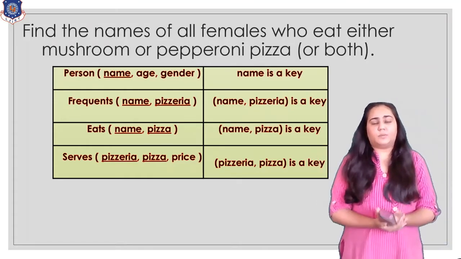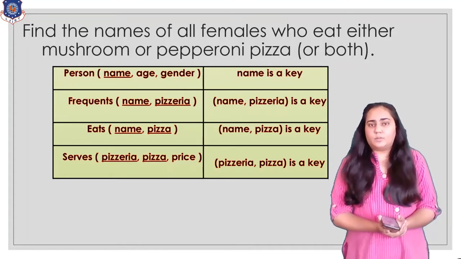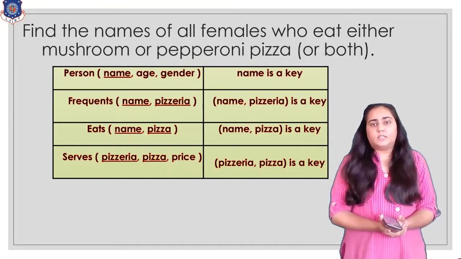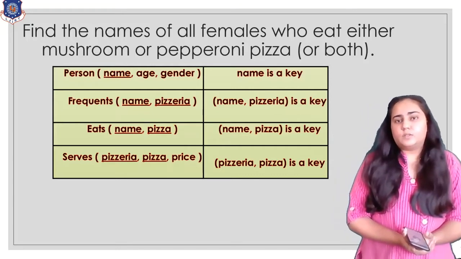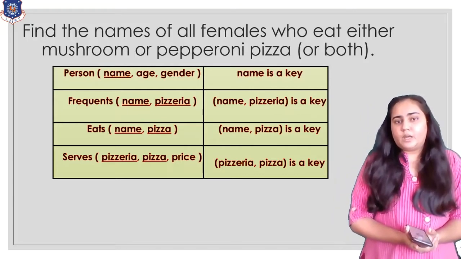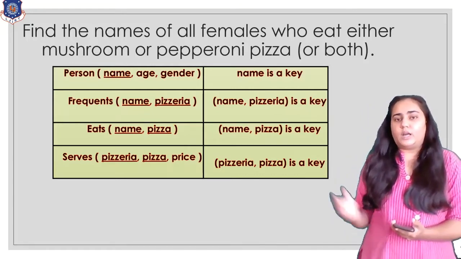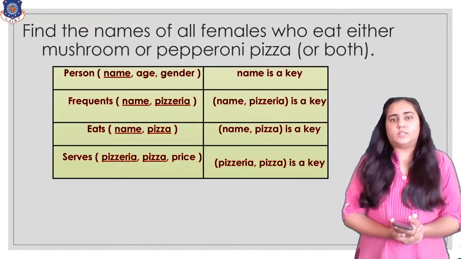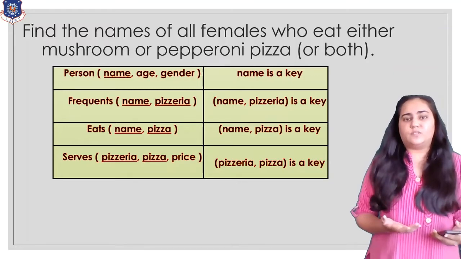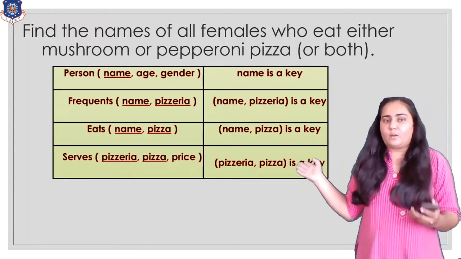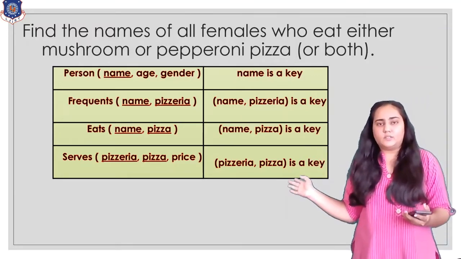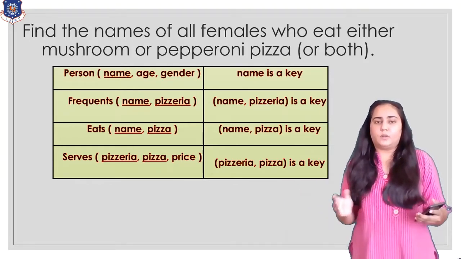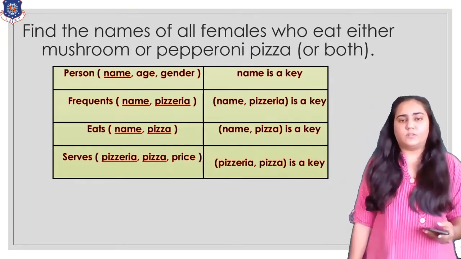From the person table, because that is the only table that has the column gender. And if I want to find out the type of pizza, I would have to use either the eats table or the serves table. And definitely, I cannot use serves because there is nothing common between person and serves. So I have to use the eats table, not the serves table with person.